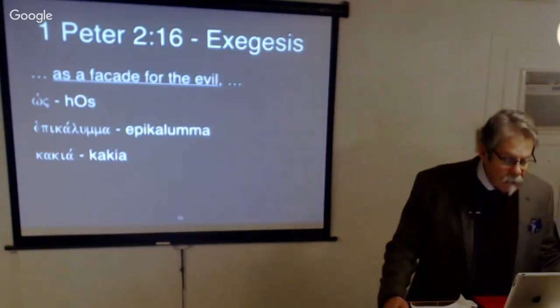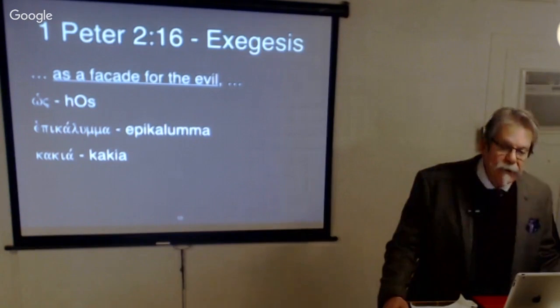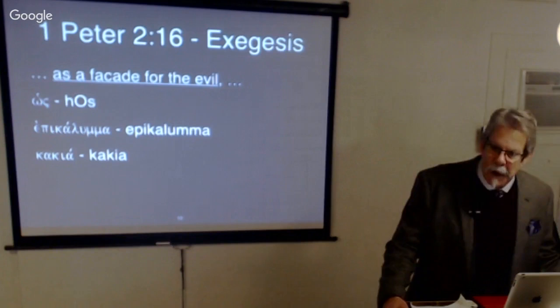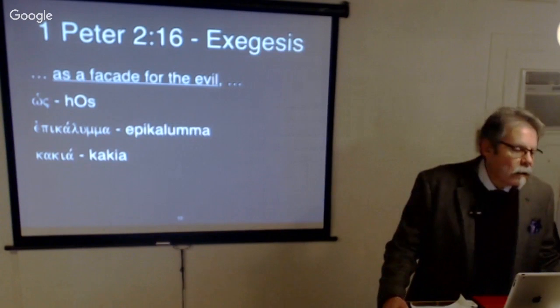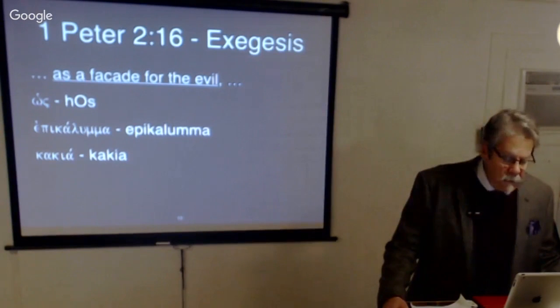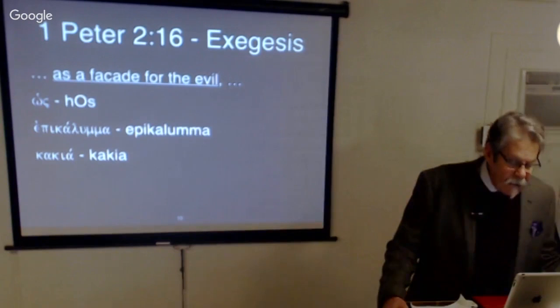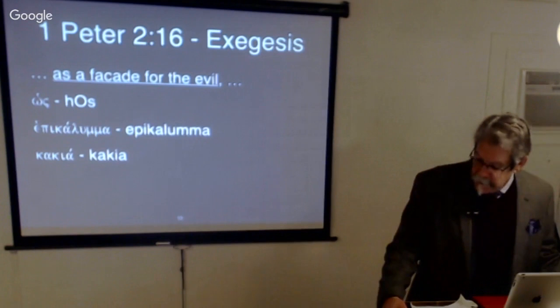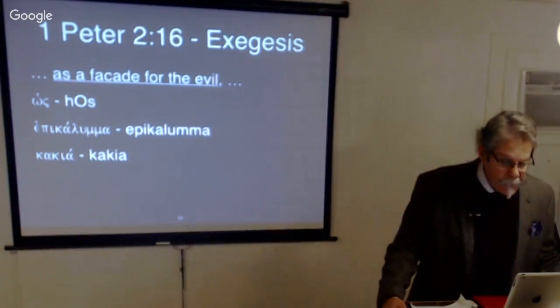With the article, we're talking about a certain form of evil, which is the opposite of divine good, meaning evil produced while in the cosmic system and out of fellowship. So we're talking about cosmic evil, if you will, Satanic, part of Satan's plan. As a dative rather than a genitive, we have for evil rather than of evil. So it's not a facade of the evil, it's a facade for the evil. It's a place to hide it.